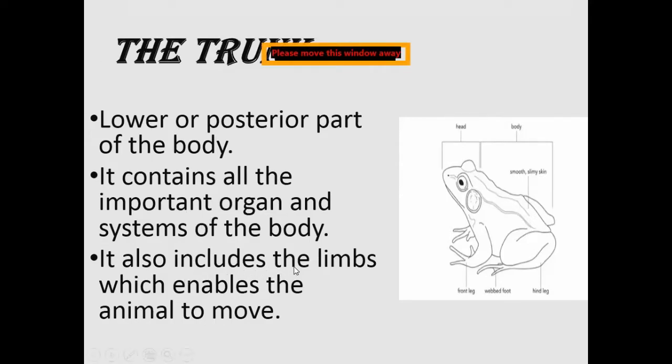It includes the limbs, which enable animals to move. The limbs help animals to move from one place to another. In the trunk region, some animals have a tail, and some animals are tailless.